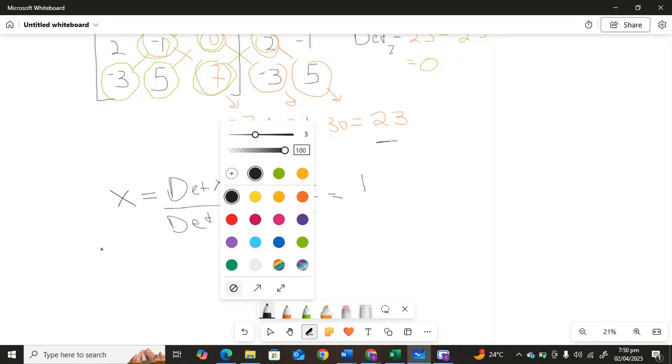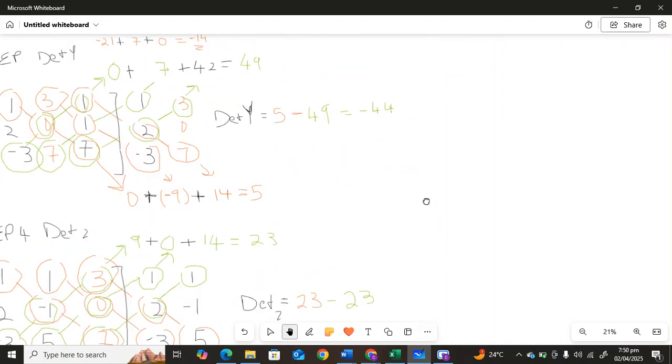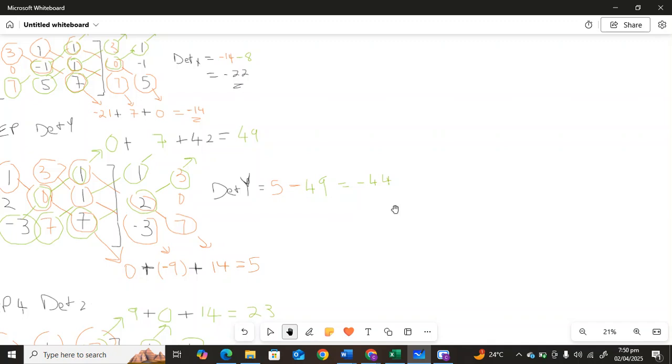Get the value for Y, the determinant for Y divided by the overall determinant. Our determinant for Y is negative 44.